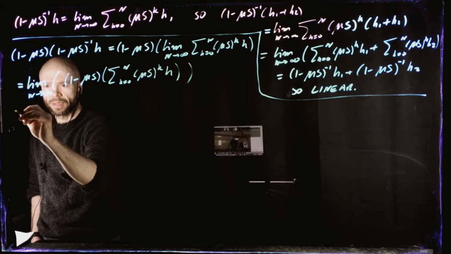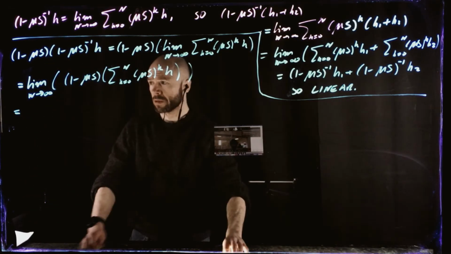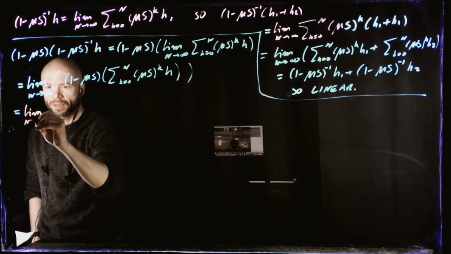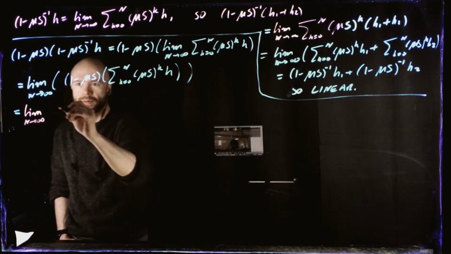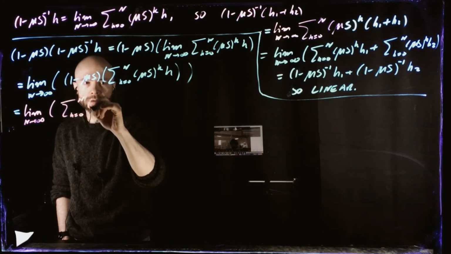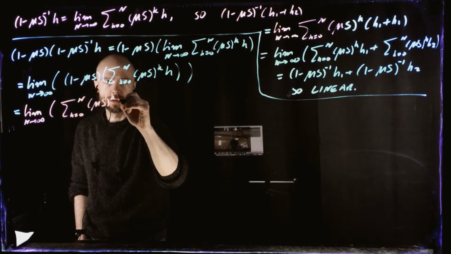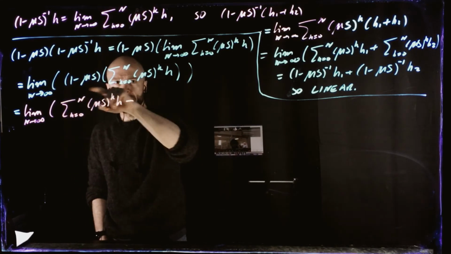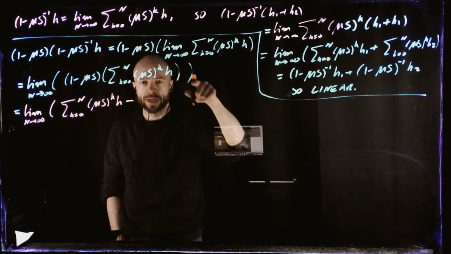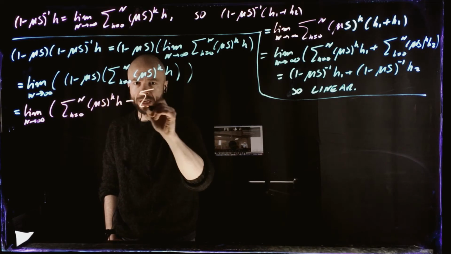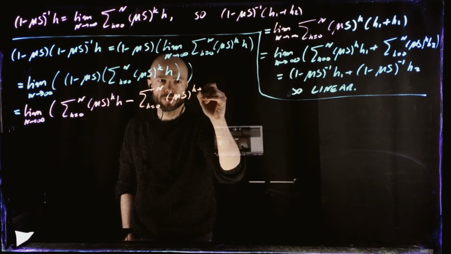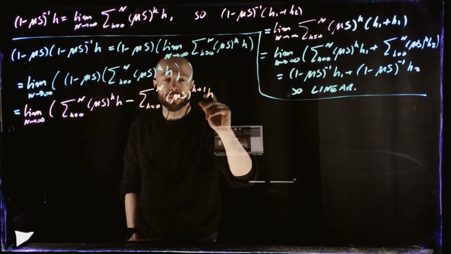And then we just look at what that thing actually is. Limit as n goes to infinity. And the identity will just give us that this is the sum from k equals 0 to n of mu of s to the k times h. And then minus, when we take this guy through, then we're composing this operator with yet another mu times s, right? So then that's the same as the sum k equals 0 to n of mu s to the k plus 1 applied to h.